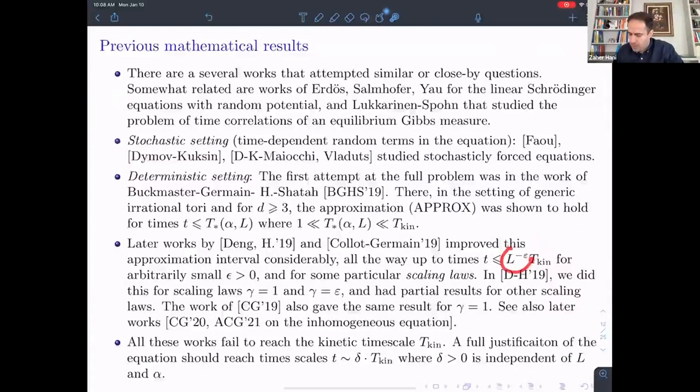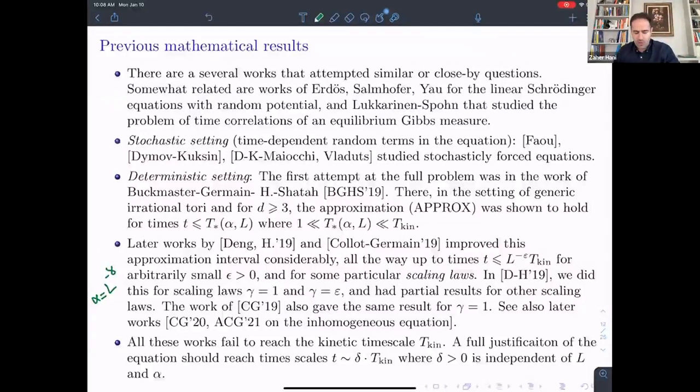Of course, we were only able to do that for some particular scaling laws. For example, in our work with Yu Deng, we did it for the scaling laws gamma equals 1 and gamma equals 1/2. I remind you that by this I mean that alpha is L to the minus gamma. That's what the scaling law is.